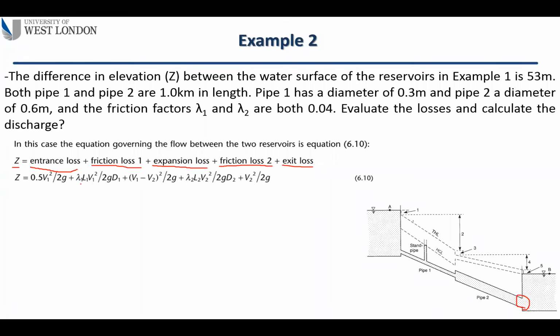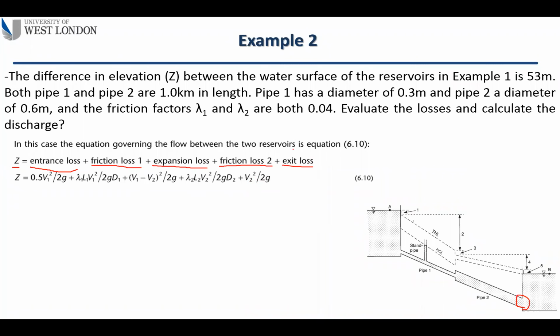The friction head loss is lambda 1 L1 V1 squared over 2g D1. The expansion loss, we learned before, is the difference of the velocities in the two pipes, V1 minus V2, squared over 2g. The friction head loss in pipe 2 is lambda 2 L2 V2 squared over 2g D2. And the exit head loss is equal to 1 times V2 squared over 2g.